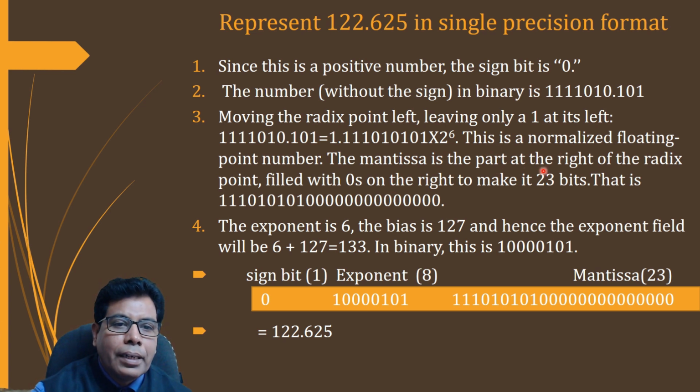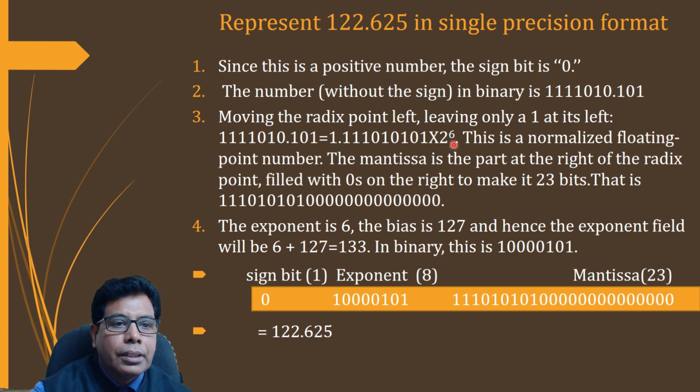So the mantissa part at the right of the radix point is 23 bits. So we'll have this part, 1110100101, and then add all zeros so that this is 23 bits.